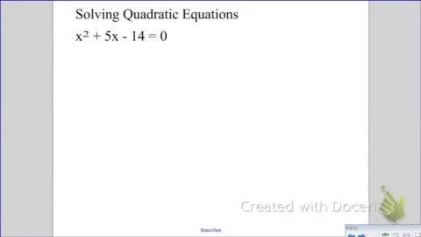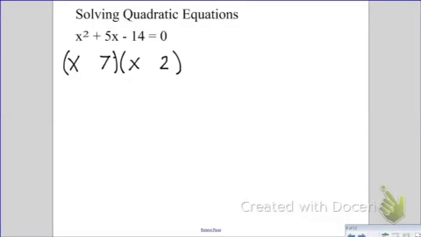Now, the whole point of doing this is to use these for solving. So, let's go ahead and try to solve out this equation by factoring. So, factor it out like we've been doing. x with something and x with something else. 14 comes from 7 and 2.